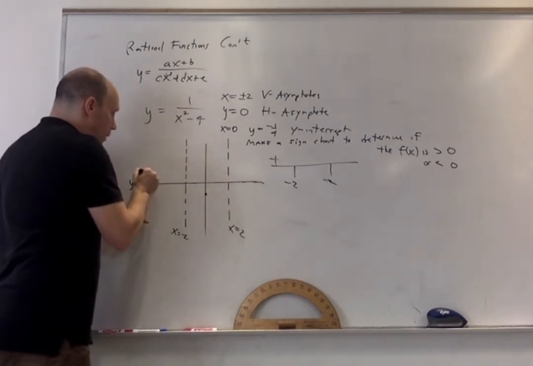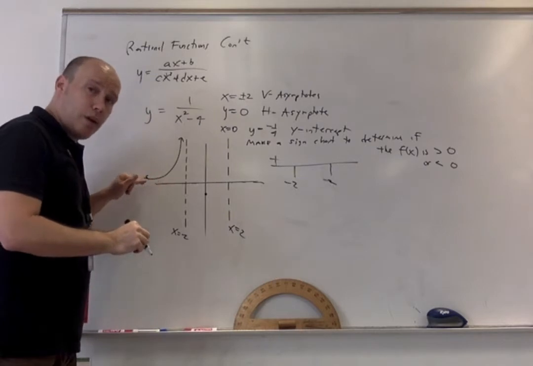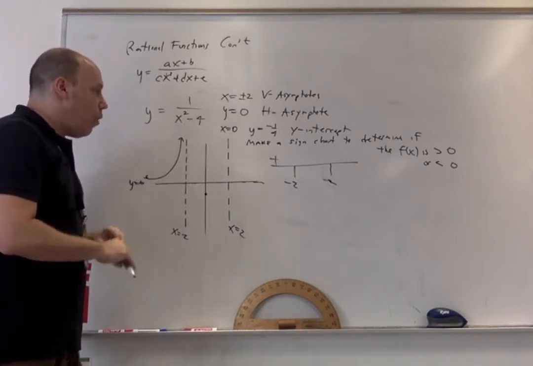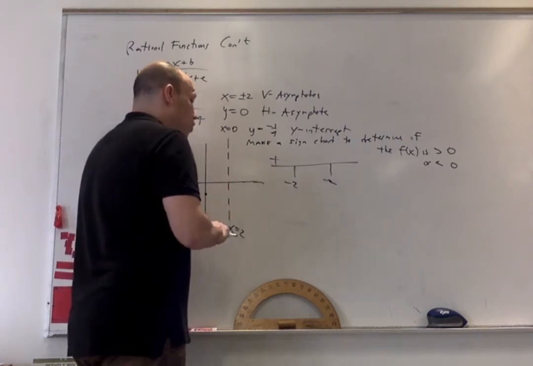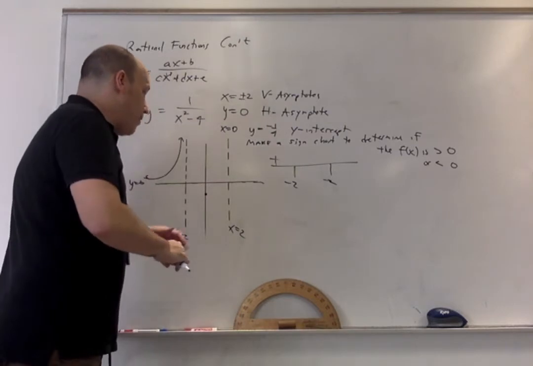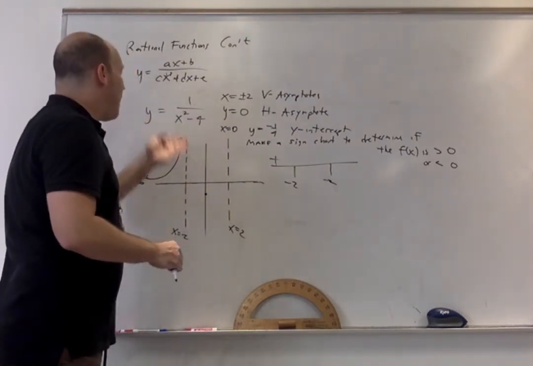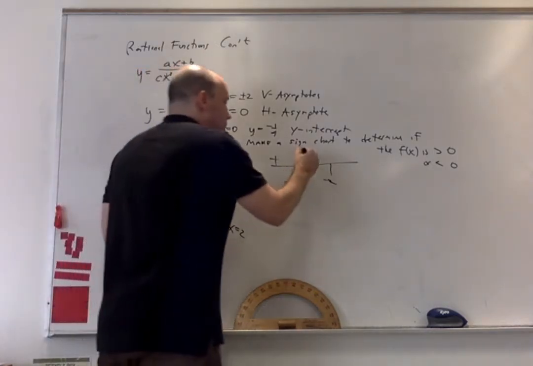Because it's positive, I know this part looks like this. It is asymptotic to 0, but it's above the asymptote. What's going on from 2? What's going on between negative 2 and positive 2? Well, every point here is negative. For example, like 1, -1. All this is negative.